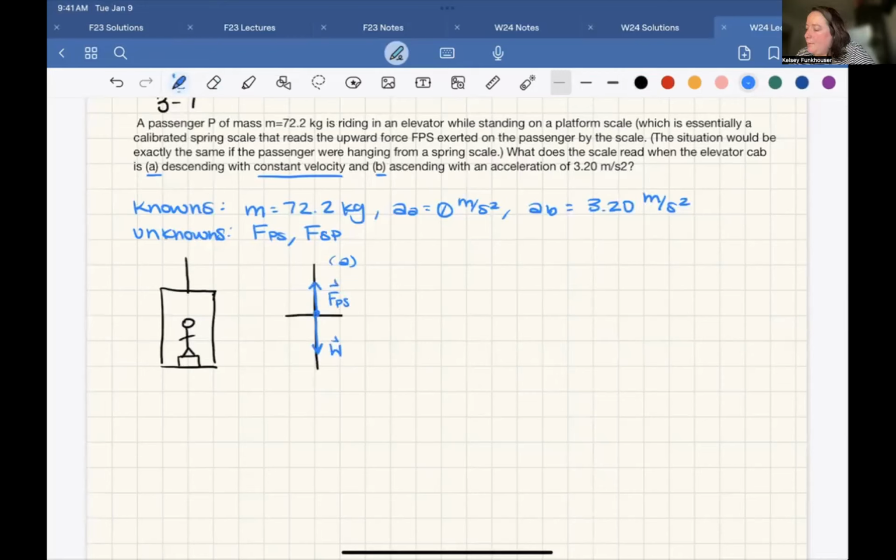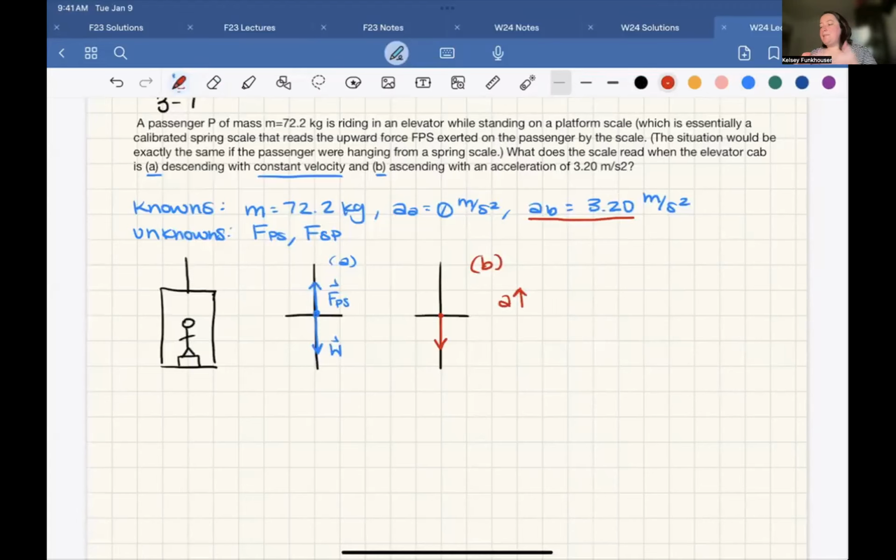Cool. Now for situation B, maybe I'll use a different color. B. So in this case, we still have the weight force. I told you the value of the acceleration, but I didn't mention that it's up. One way we want to think about acceleration is how it's affecting the velocity.